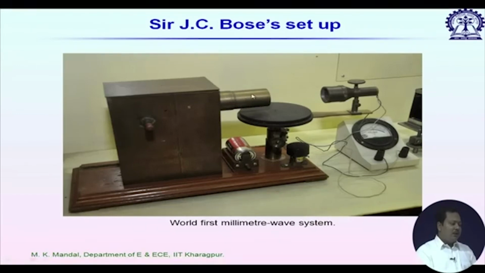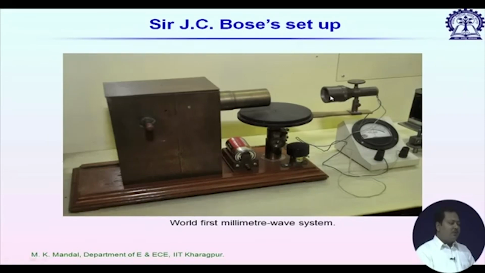Now we know that it behaves as an antenna. We have a turntable here, where he can use the prism and other structures to show the refraction and reflection property, and on the right side we have a receiver, which receives the millimeter wave signal.